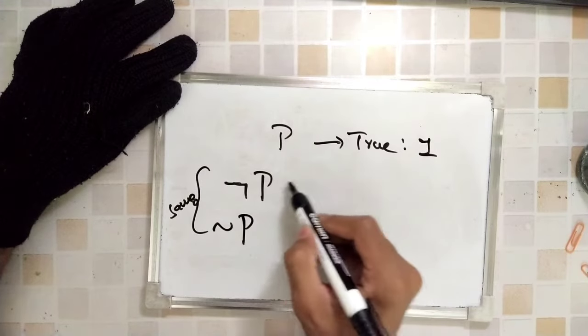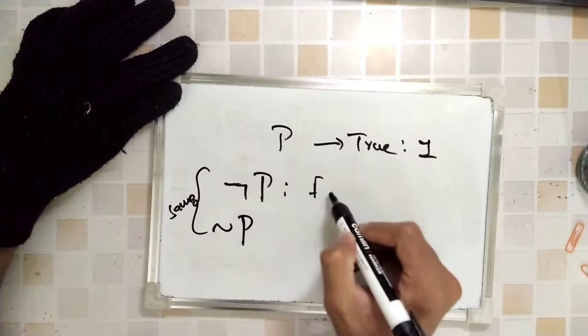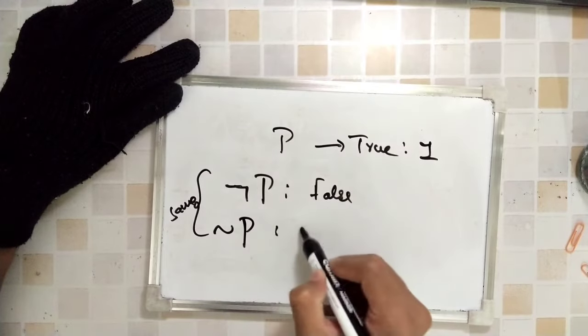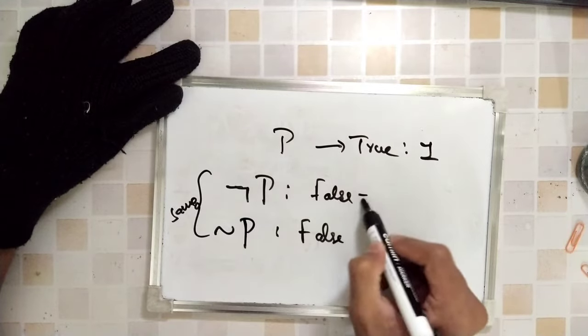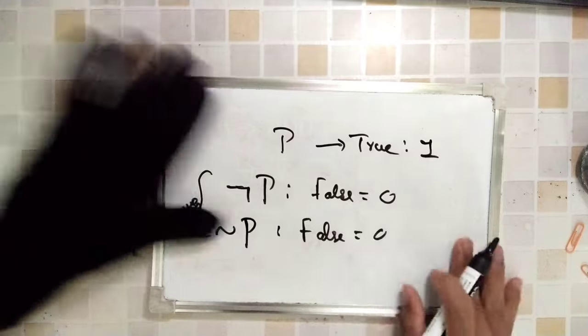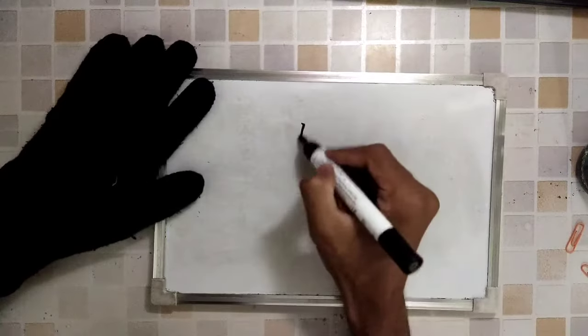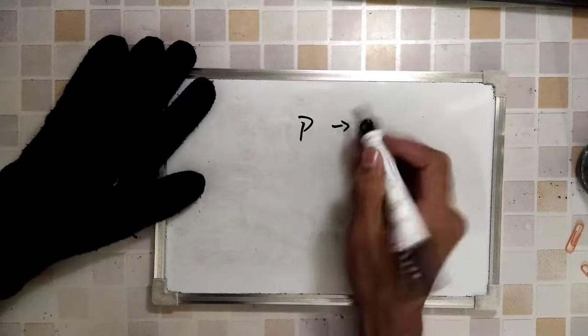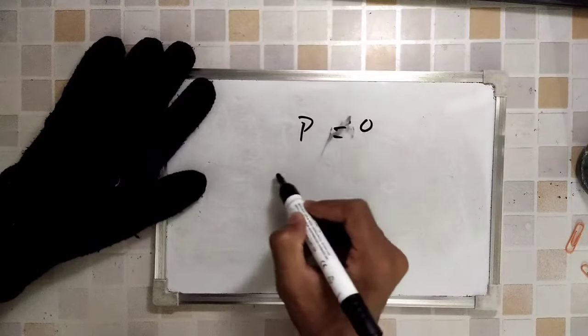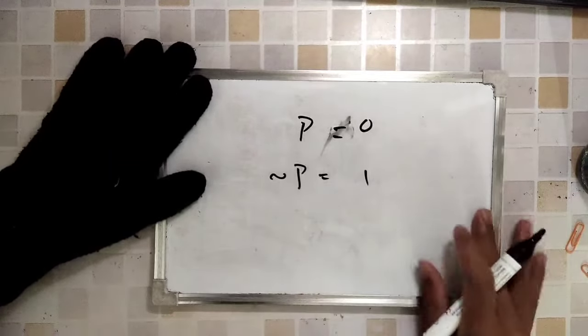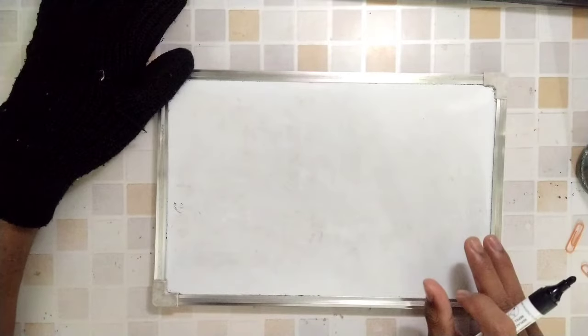If P is 1, then the negation of P will be false, 0. It is just the opposite of the actual value. Similarly, if P is 0, then the negation of P equals 1. So this is the basic thing about negation.